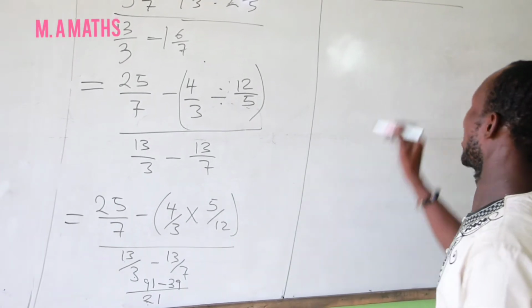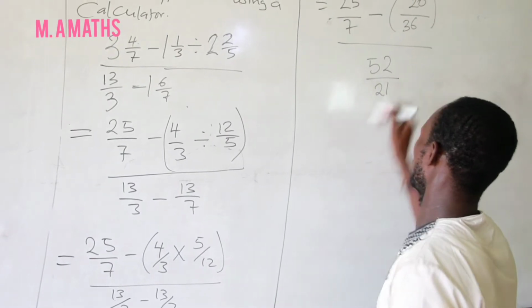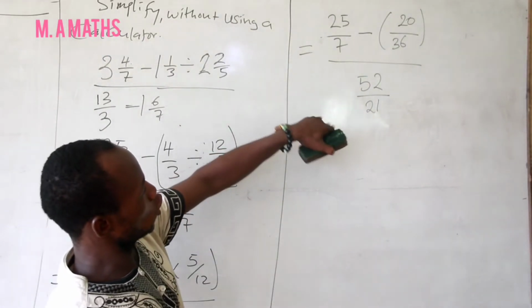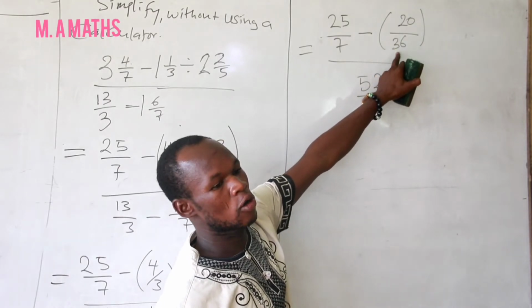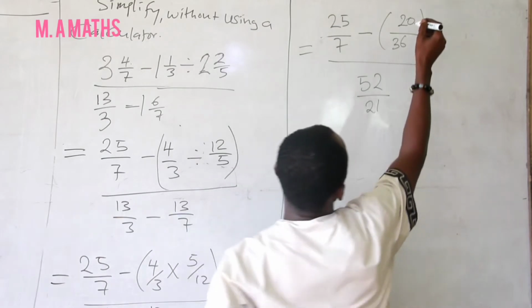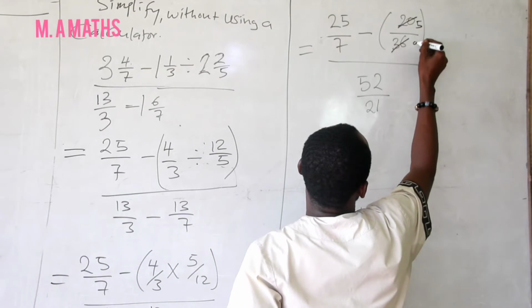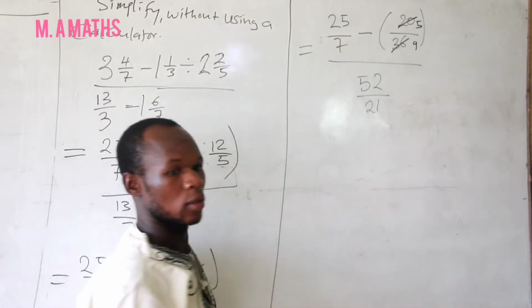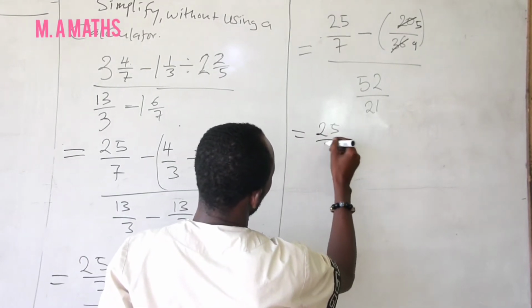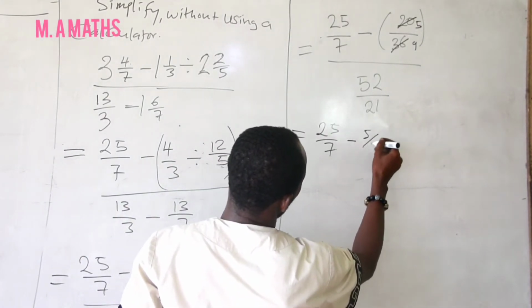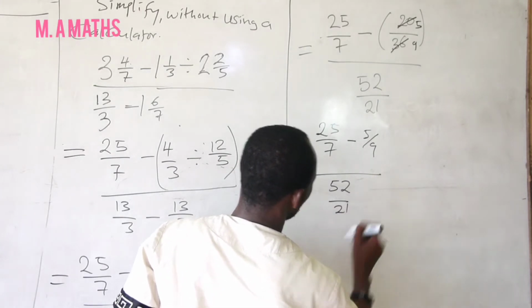You get 52 all over 21. At this stage, we can reduce by 4. 4 goes into 20 and gives us 5; 4 goes into 36 and gives us 9. So we now have 25 on 7 minus 5 on 9, all over 52 over 21.